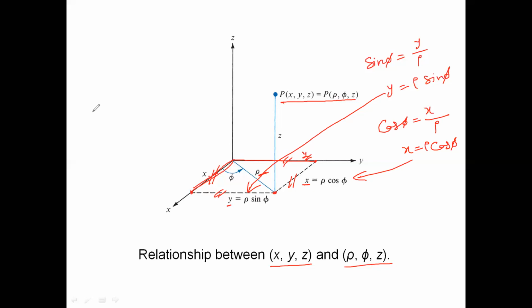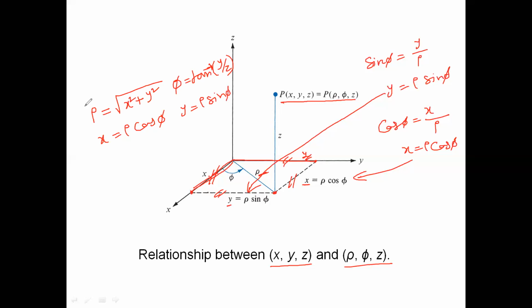Using the right angle triangle, rho equal to square root of x square plus y square, x equal to rho cos phi, and here phi equal to tan inverse of y by x, and here y equal to rho sine phi.